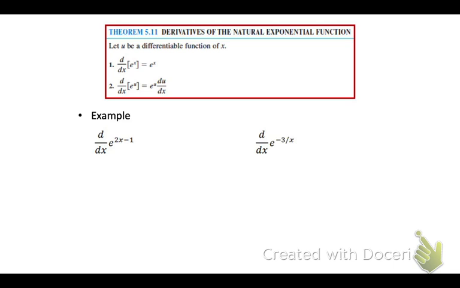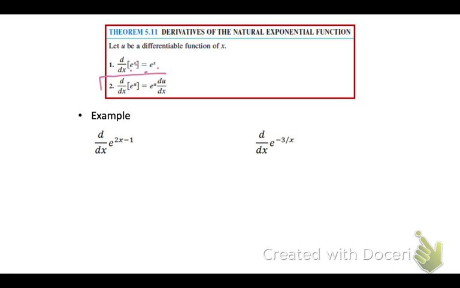Okay, so here are your derivative rules. Number 1 is specific. Number 2 is the general that works for everything, just like we did the natural log. I gave you one that was just for x and the other one was for everything. So if I'm going to remember one of these, which one is it going to be, 1 or 2? 2. Okay, so the derivative of e to the x is e to the x.